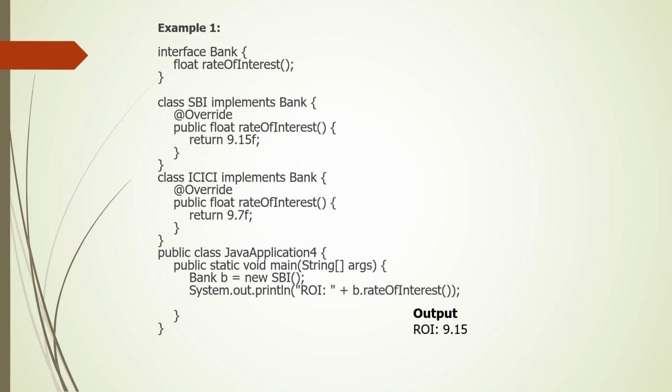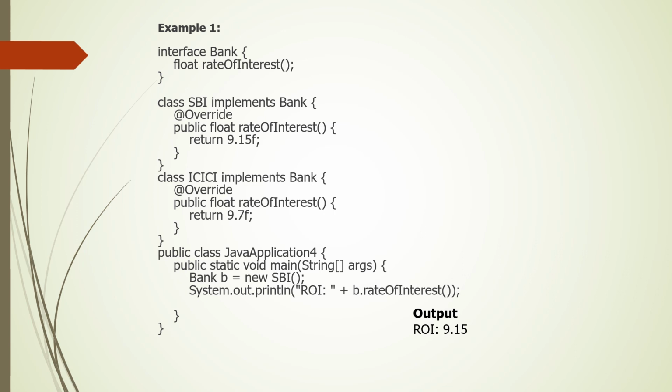So here the method name is rate of interest. This method is returning 9.15. The rate of interest for SBI is 9.15. And another class is there, ICICI. It also implements the Bank interface. It is implementing rate of interest as 9.7, so it returns 9.7. In the main class, for the Bank interface, an object is created, b.